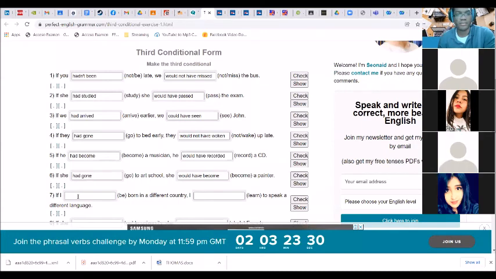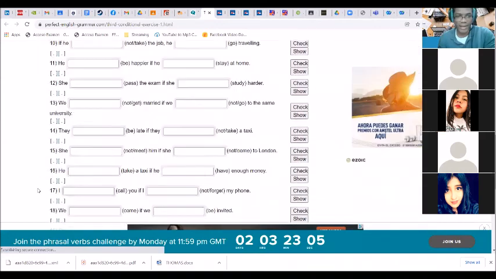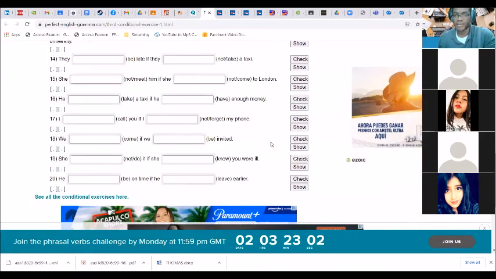If I had been born in a different country, I would have learned to speak a different language. All right, good. Now, what if the result had come first? Let's continue.